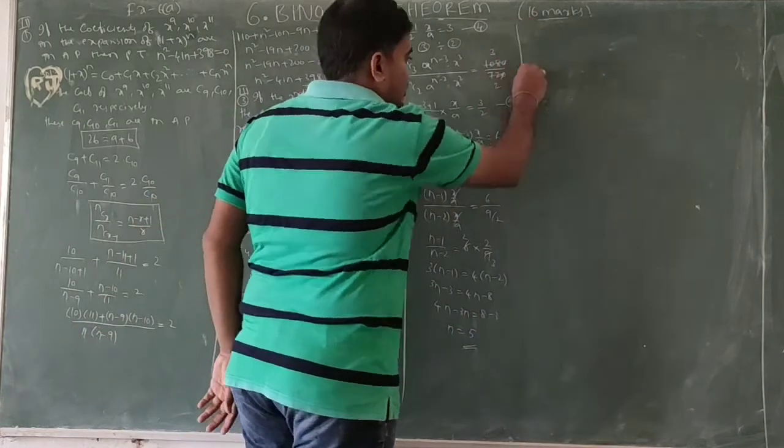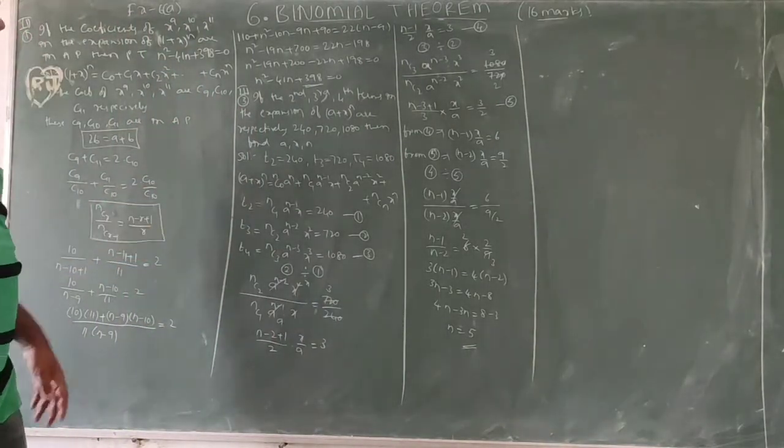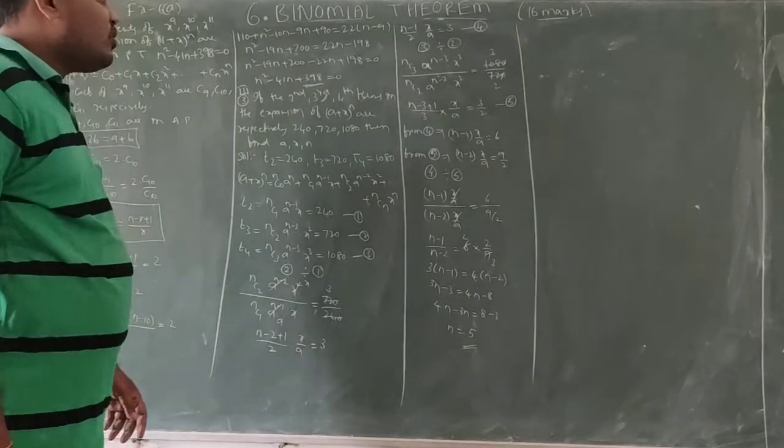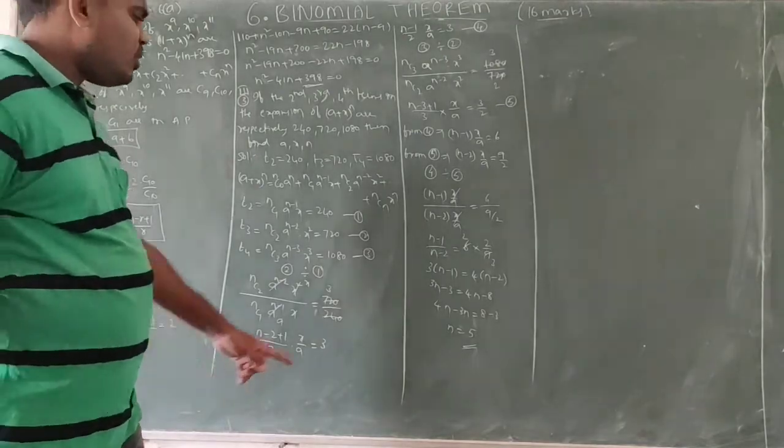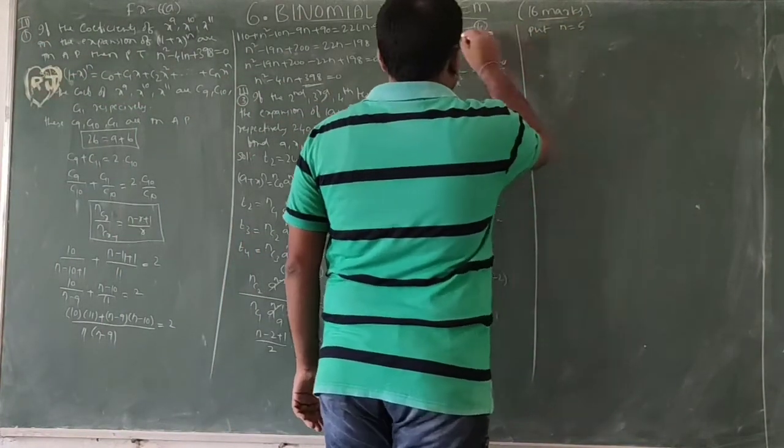So we got the n value, and we also need a and x. The n value is equal to 5. Put n equal to 5 in equation 4.